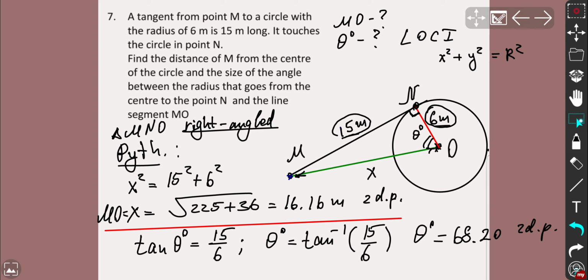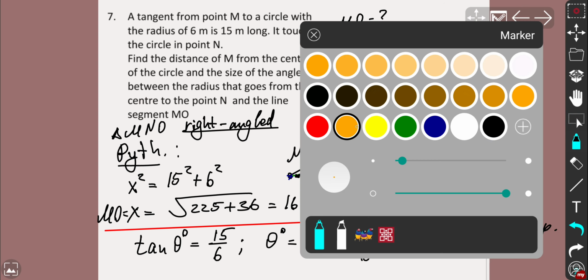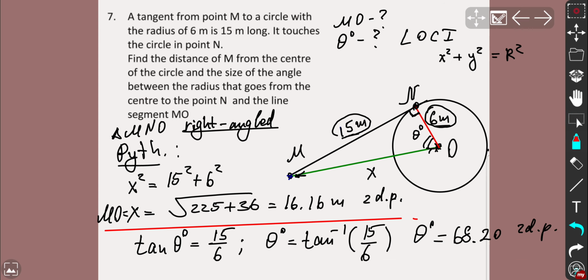So that's the solution for angle theta. And MO equals 16.16 meters, which is also the length of the segment MO.